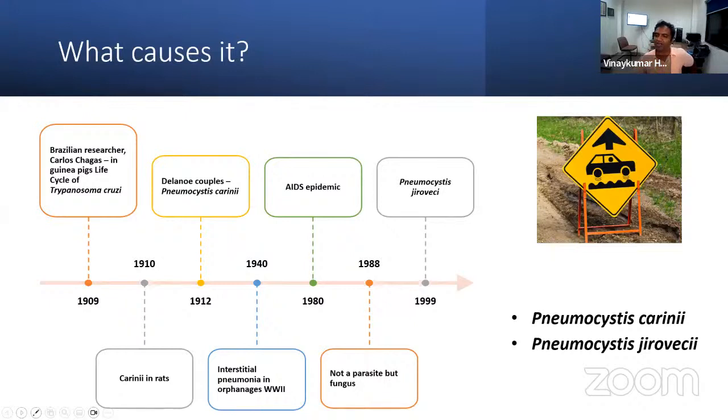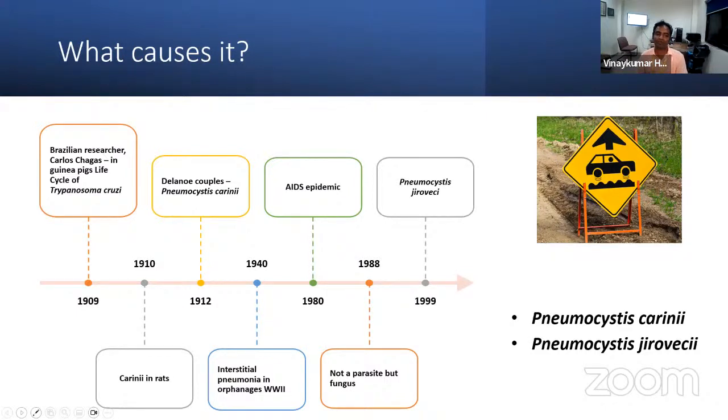The Delanoe couple were husband and wife, both microbiologists working at the Institute of Paris. Now, the Delanoes found these life cycle stages not only in the samples that Carini sent from Brazil, but also in Parisian rats.